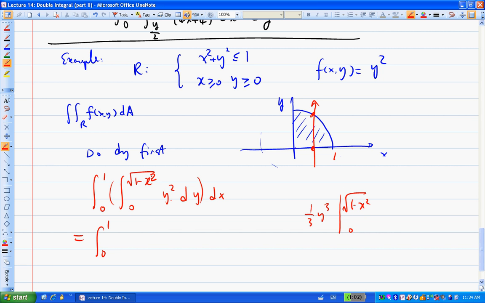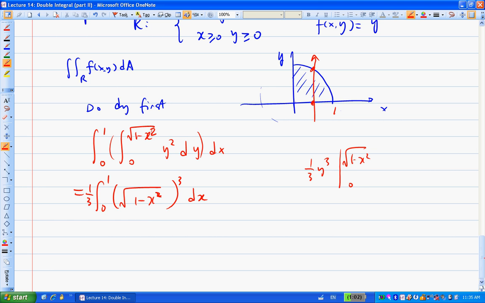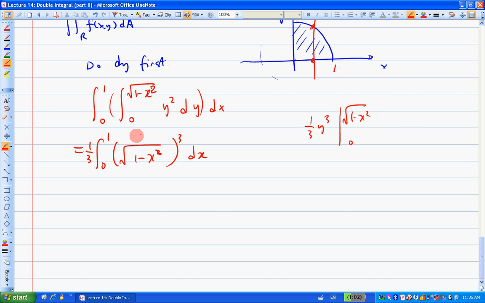If I plug this in, I can pull out 1/3, and we get root of 1 minus x squared, cubed, dx. Looking at this one, I think it probably will stump most of us. As a matter of fact, if I get away from this for a while, I won't be able to do this either. So this is not a very easy integral to do.